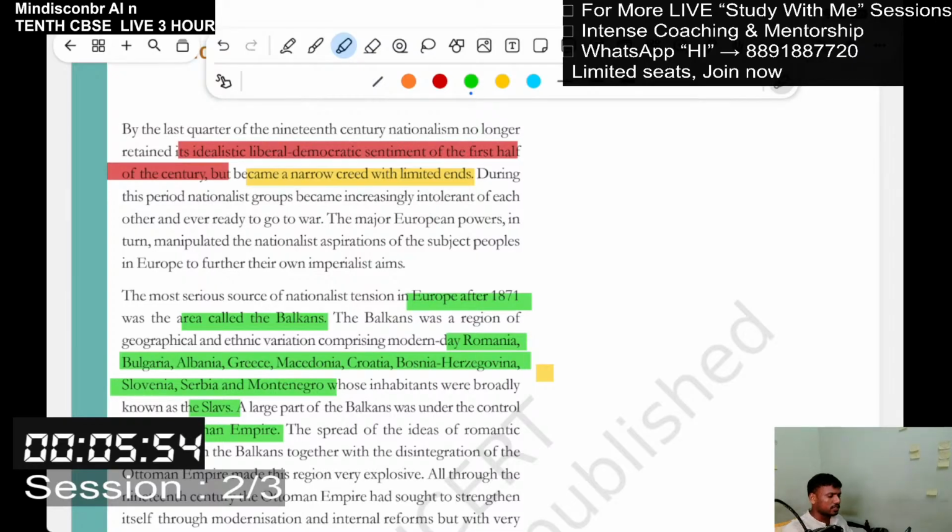This is the sentence: the idealist liberal democratic sentiment of the first half of the century became a narrow creed with limited ends.